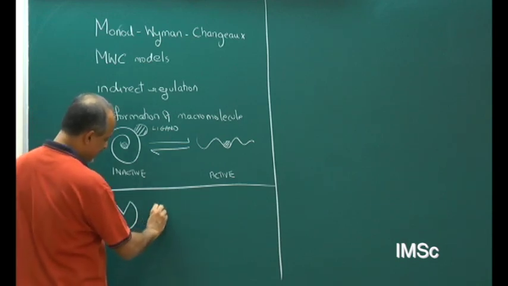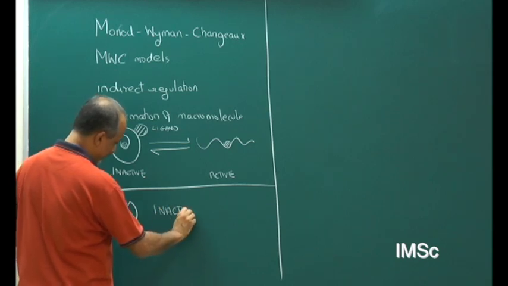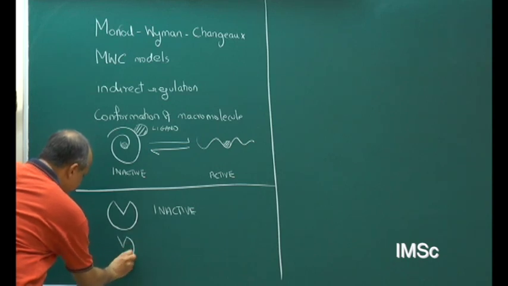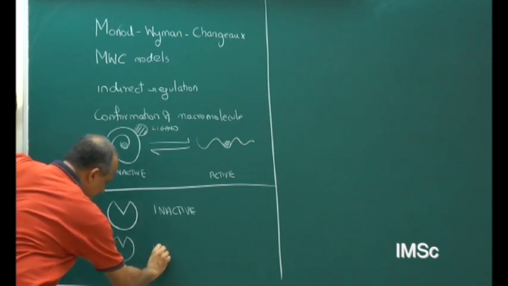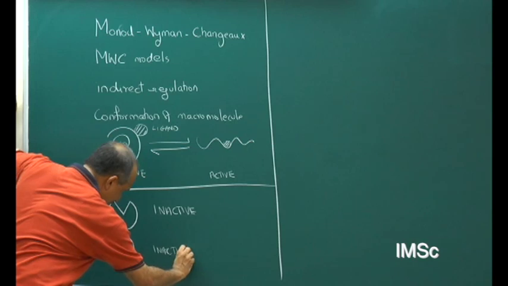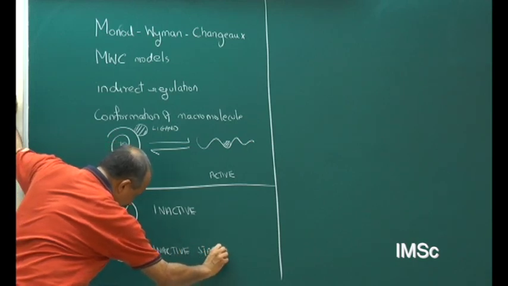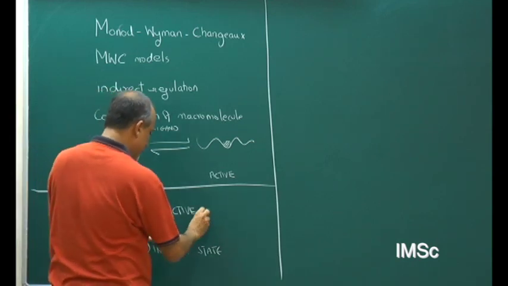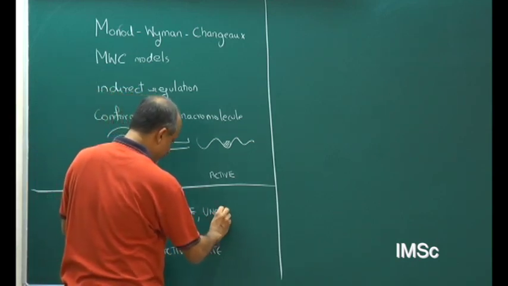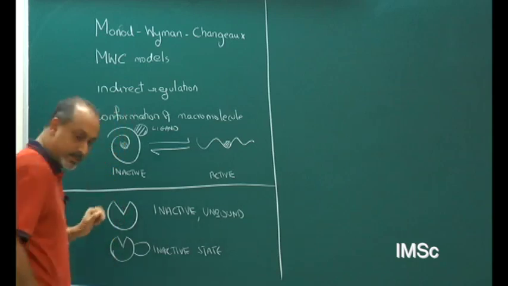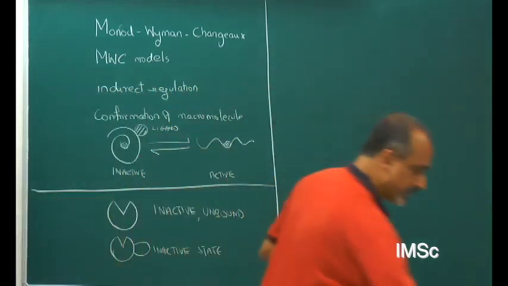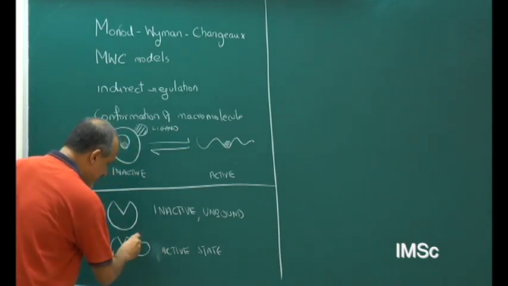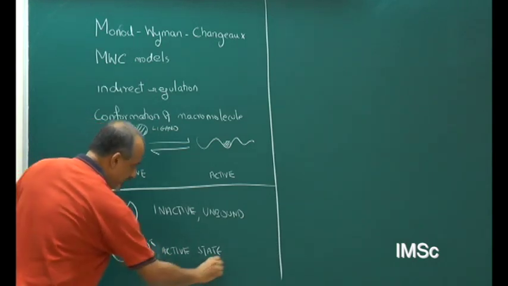And this we said is an inactive state. Sorry, this is inactive and it's unbound because there is nothing binding to that particular pocket that I have drawn there. This state here is active but also unbound.